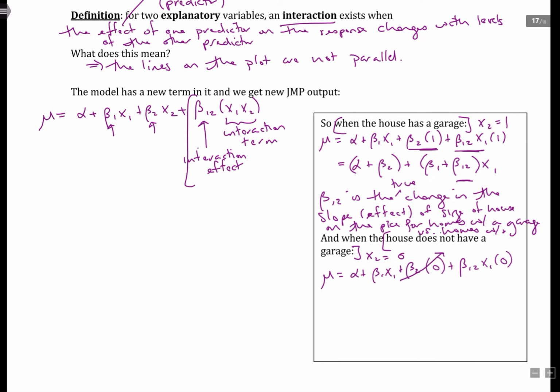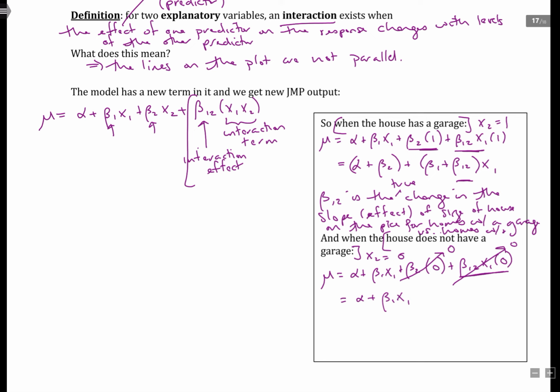Well, this whole term goes to 0, and this whole term goes to 0, because multiplying anything by 0 gives us 0. So I end up with just my original linear model again. So we get mu equals alpha plus beta 1 x1.